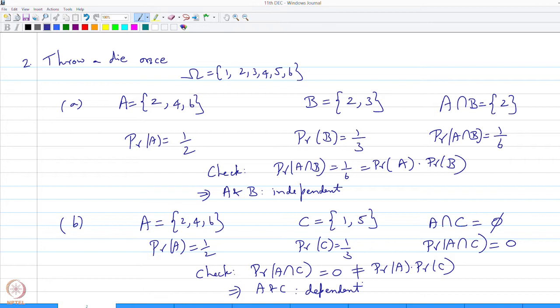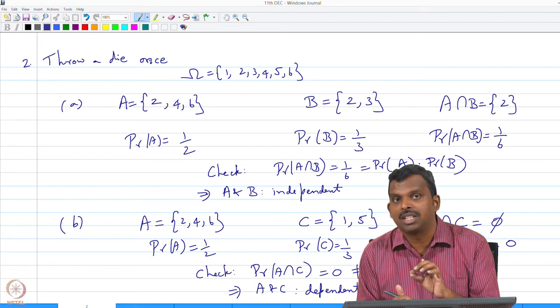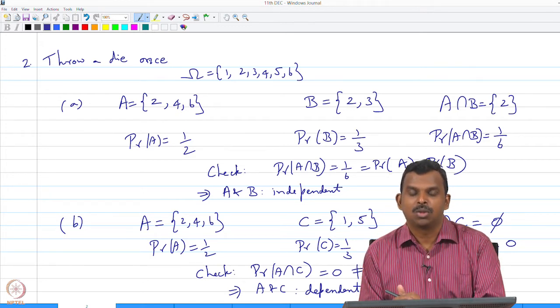So, whether or not event A happened directly affects, let me not say probability here, the conditional probability of event C. C given A is going to be equal to 0, for instance. Okay. So, the fact that these two do not have an intersection actually leads to a lot of dependence between these two events. Okay.